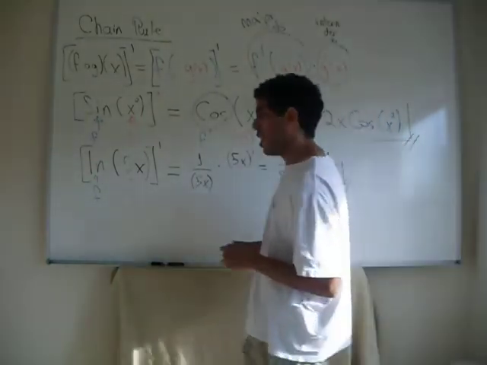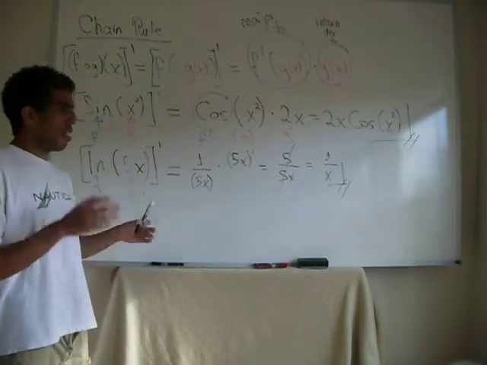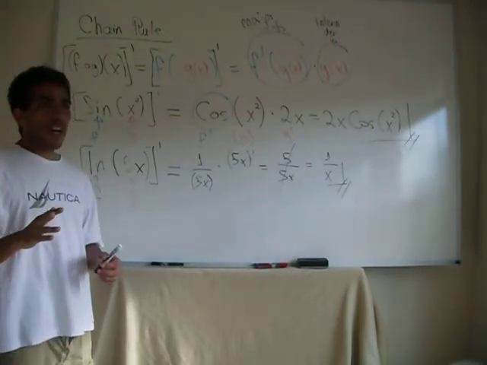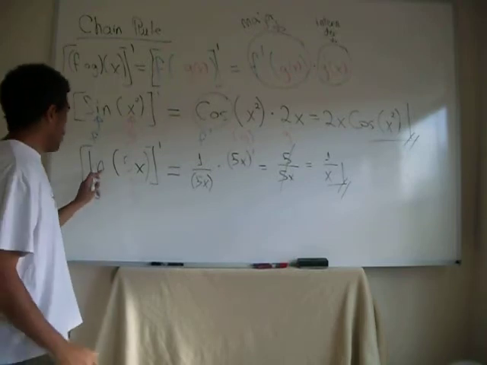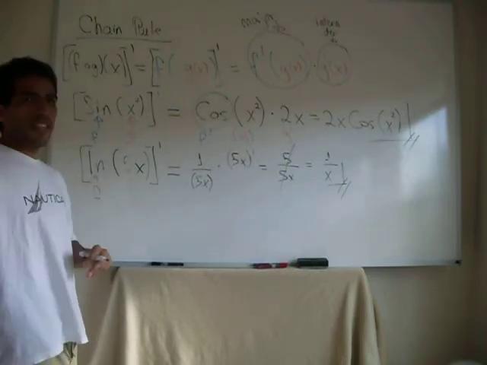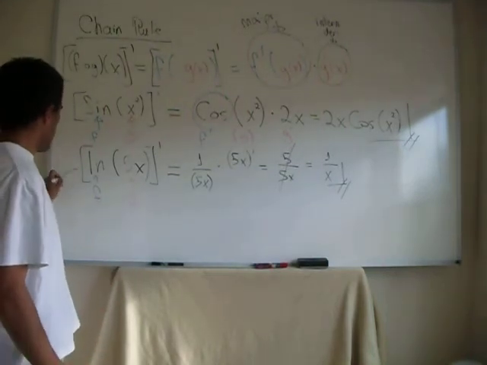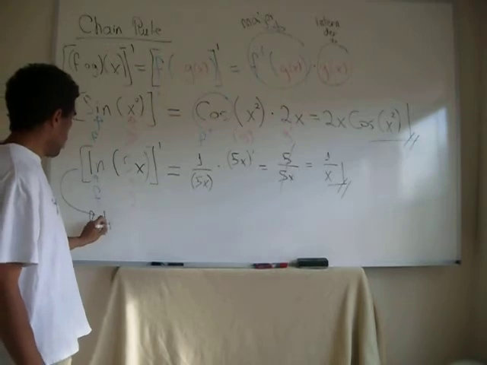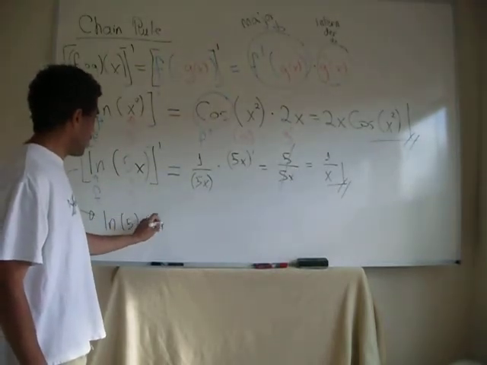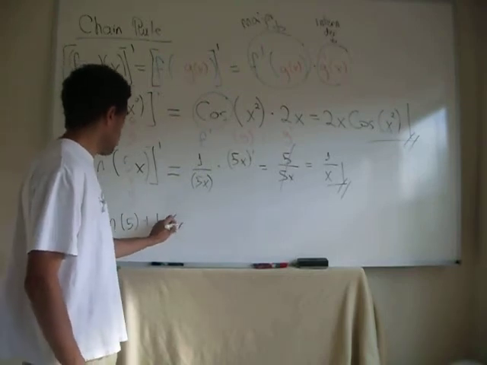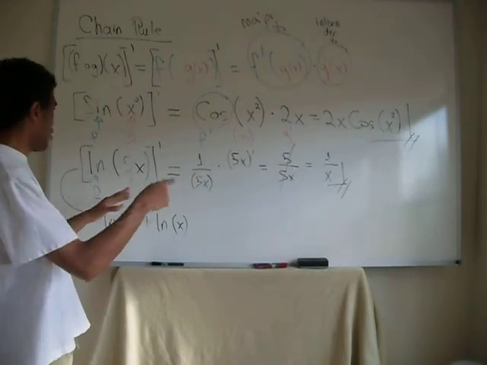Oh, that's pretty strange. Isn't that the derivative of the natural logarithm without the 5x? Well, yeah, sure. But if you are very good with logarithms, you can also look at it this way. Remember that when we have a logarithm of a product, it's like having the addition of two logarithms. So we have the natural log of 5 plus the natural log of x. What is the property I'm using? Let me write it somewhere around here.